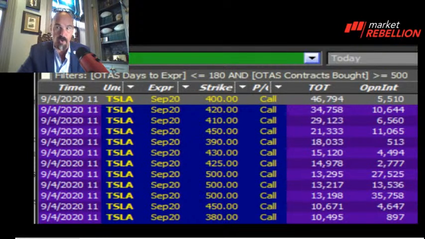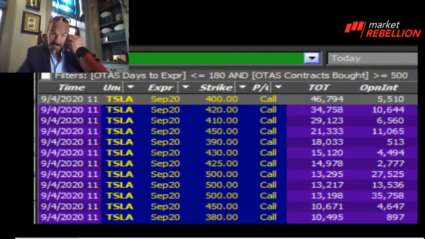Tesla. So, we saw this during the halftime report, and I sent this to the folks at CNBC. Tesla, 9/4, that's today's date, as you see on the far left, and then you see expirations, strike prices. The 400s had traded 46,000 calls versus an open interest of just 5,500.